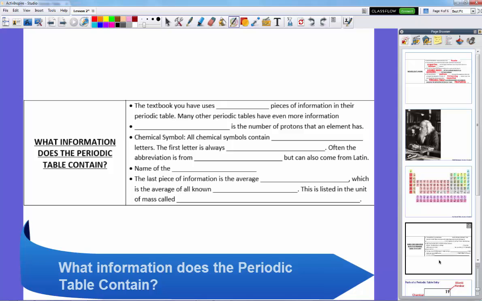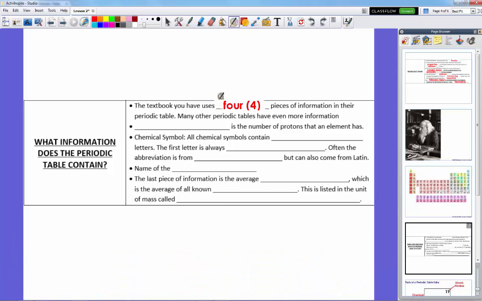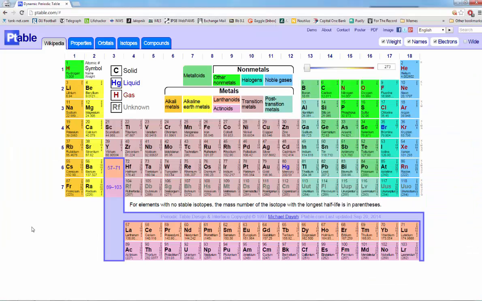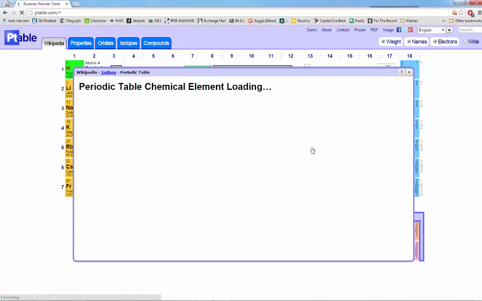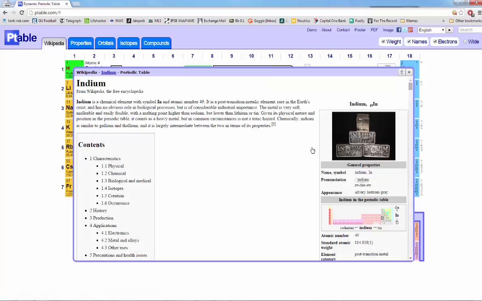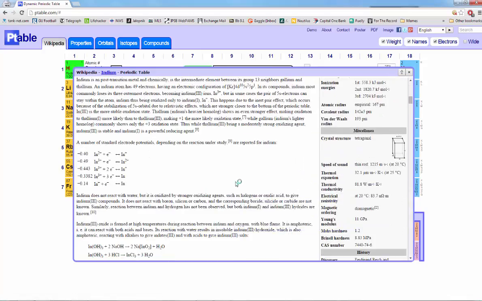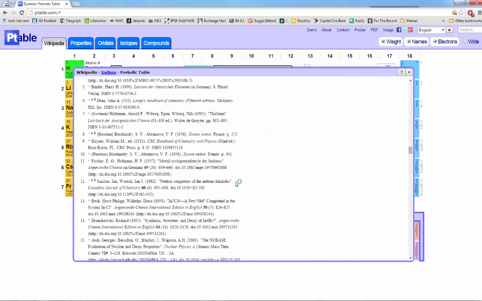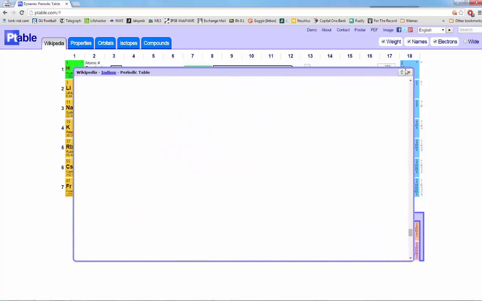Now, what information does this contain? In our textbook, they have 4 pieces of information in their periodic table, but many other periodic tables have even more information. In my class, we use this website, ptable.com. It's a really cool website that gives you lots of information about the elements, links to Wikipedia, basic information, and the uses of the elements.